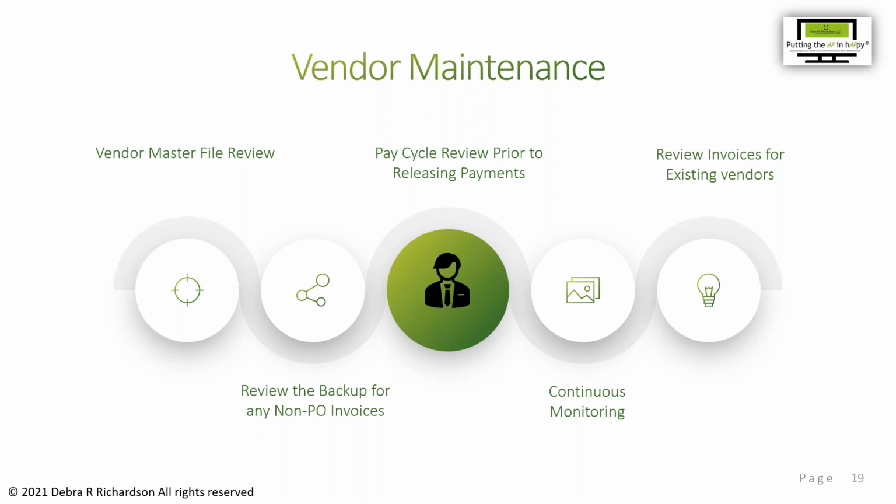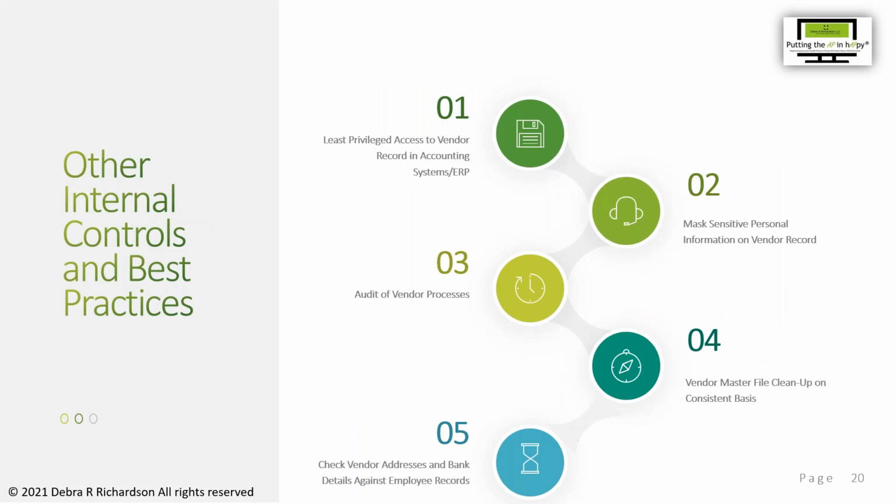And then lastly, continuous monitoring, right? There are some third-party providers that can provide continuous monitoring of vendor information, and nsKnox will talk about how they can do this for your vendor banking. Okay. And then other internal controls and best practices, so least privileged access to vendor records in your accounting system or ERP, right?